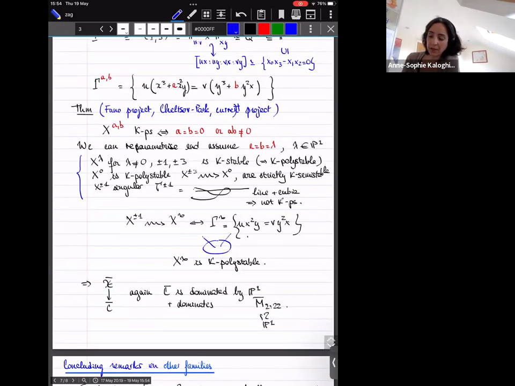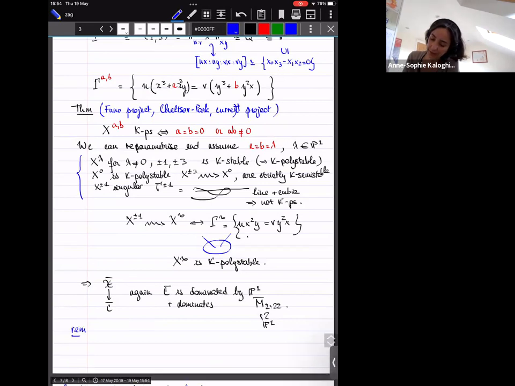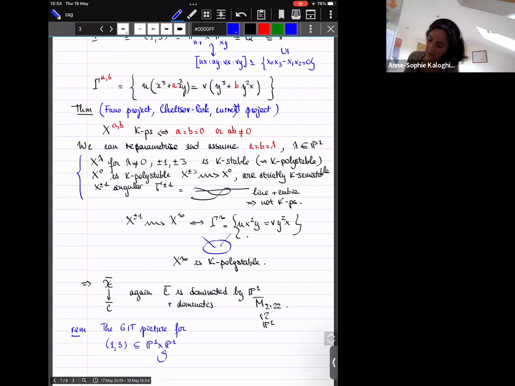So maybe one remark on this case is that when we consider the GIT picture for a curve of type (1,3) lying on P1 cross P1 acted on by PGL2 cross PGL2, then we find that the GIT polystability of this curve is equivalent to the K-polystability of X obtained as a blow-up of P3 along gamma.